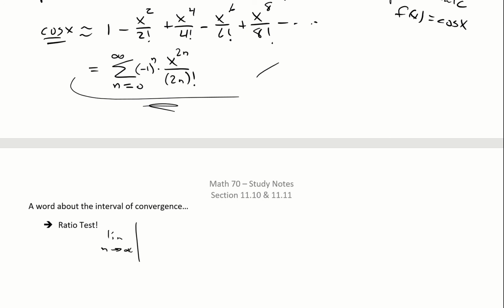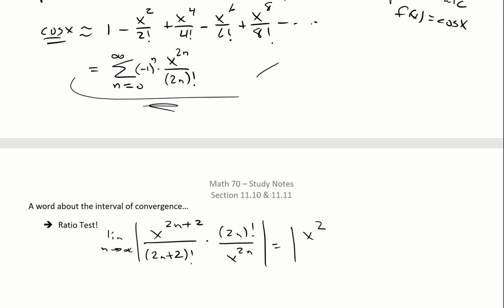I'm going to take the n plus first guy, which is x to the 2n plus 2, right? 2 times n plus 1. And then down here, 2n plus 2 factorial. Flip it over, 2n factorial, all over x to the 2n. And we take this limit, okay? Looks like what we have is simply x squared up here.